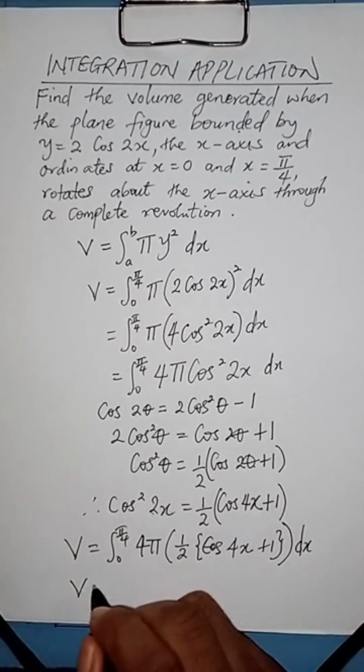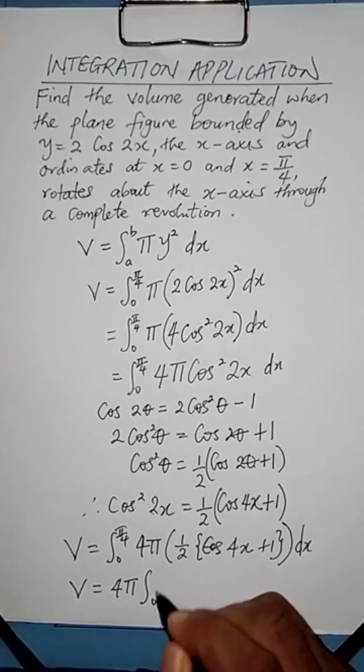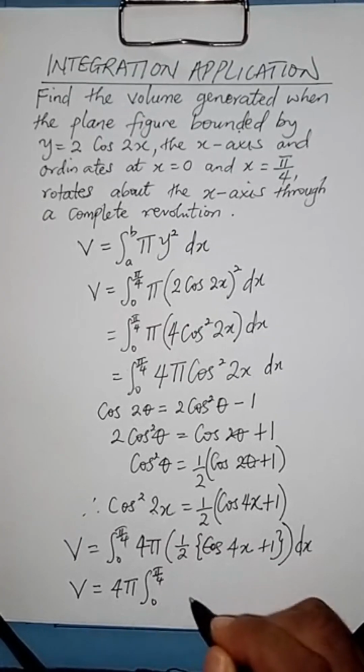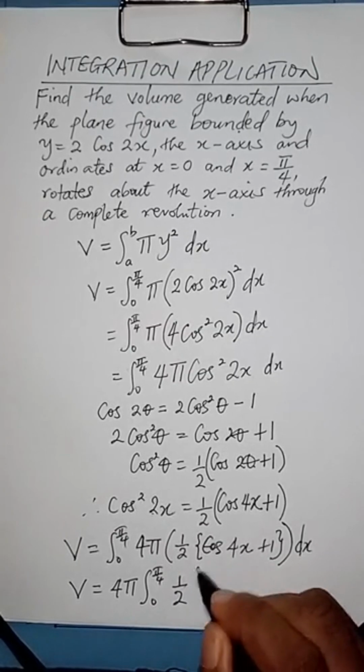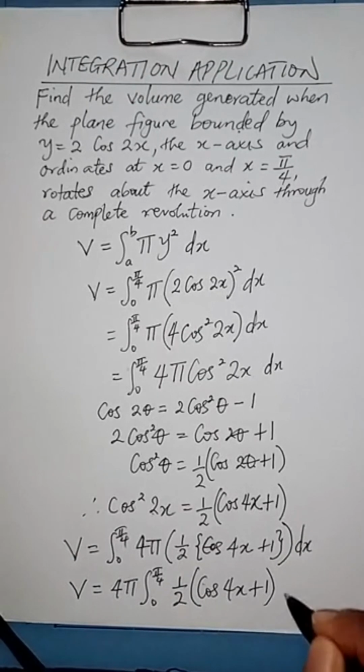But to make it easier, bring out a 4 pi, integral from 0 to pi divided by 4, so that you're left with cos 4x plus 1 dx. So at this point, you are ready to integrate.